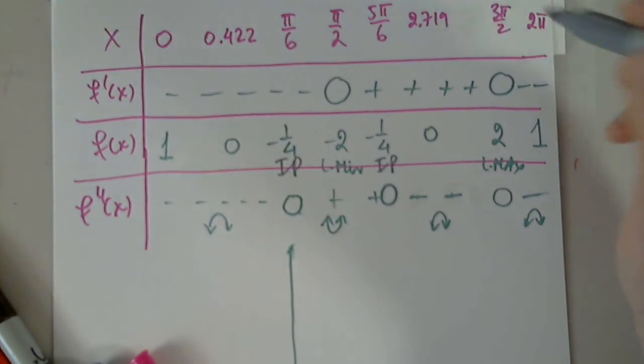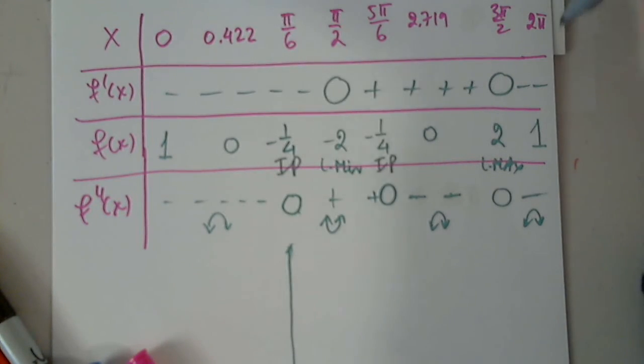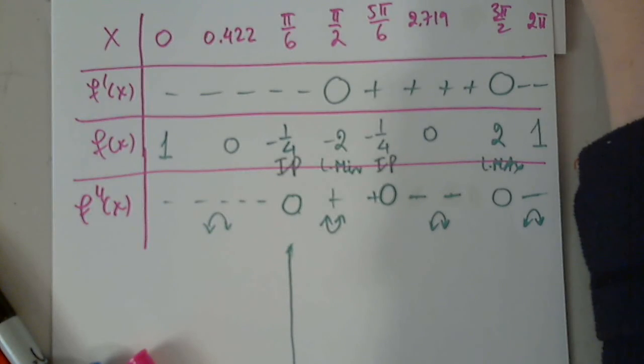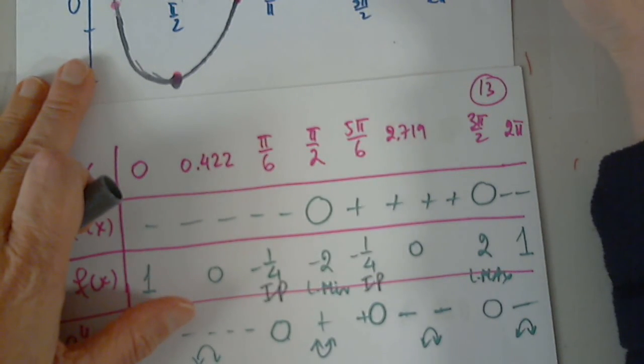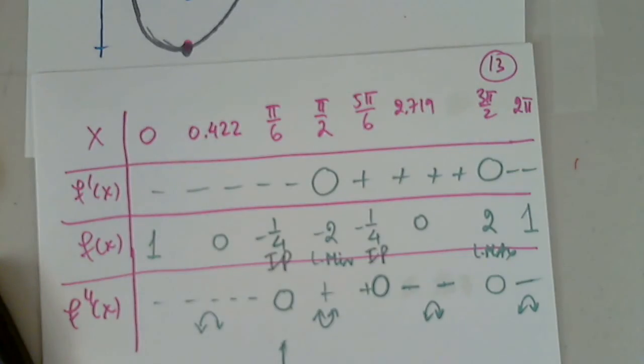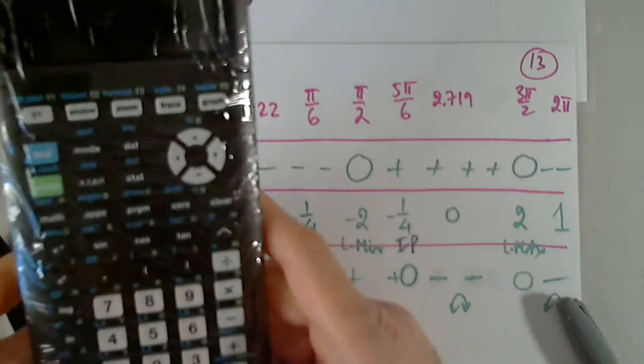And then it has a local max, and it continues to open down to pi comma 1. This is the function.